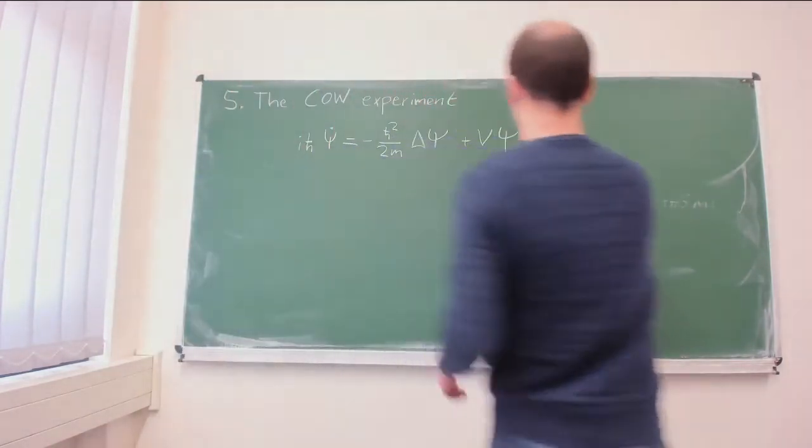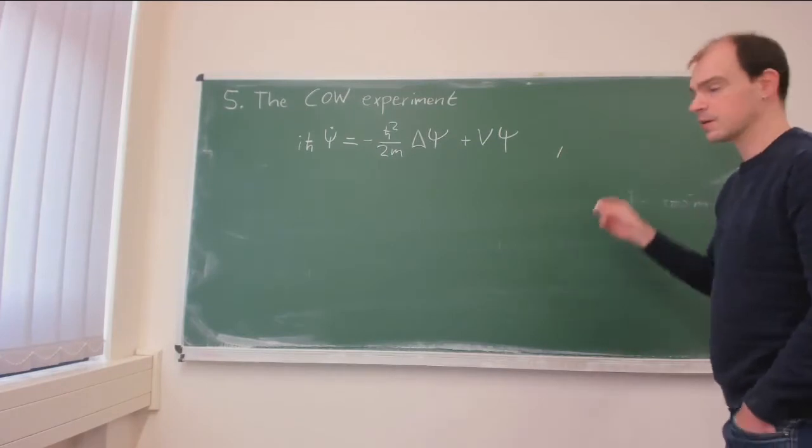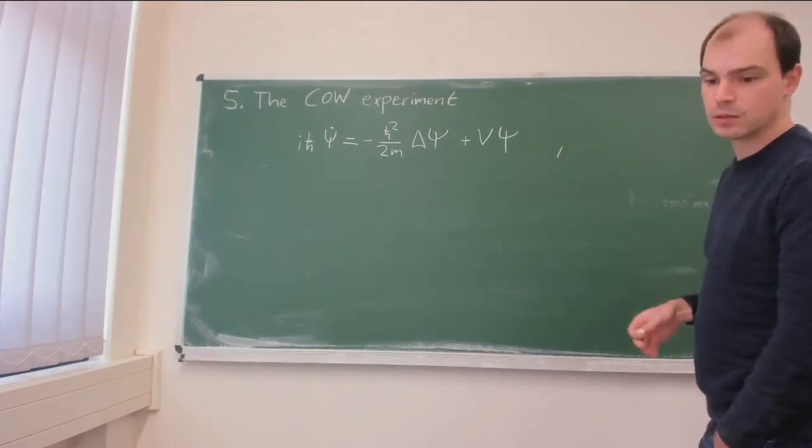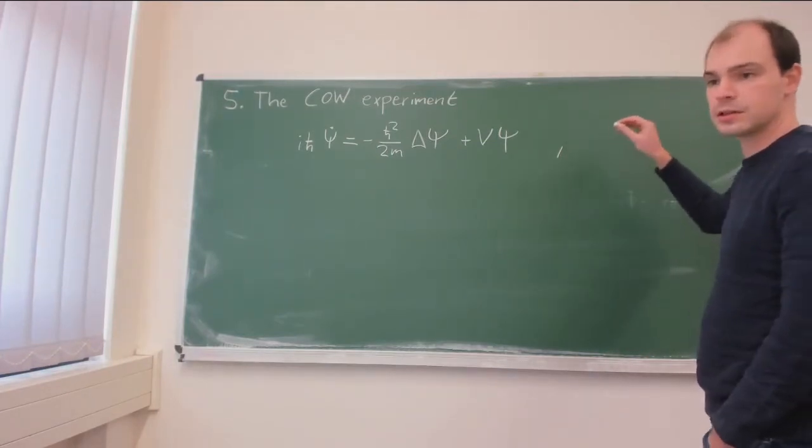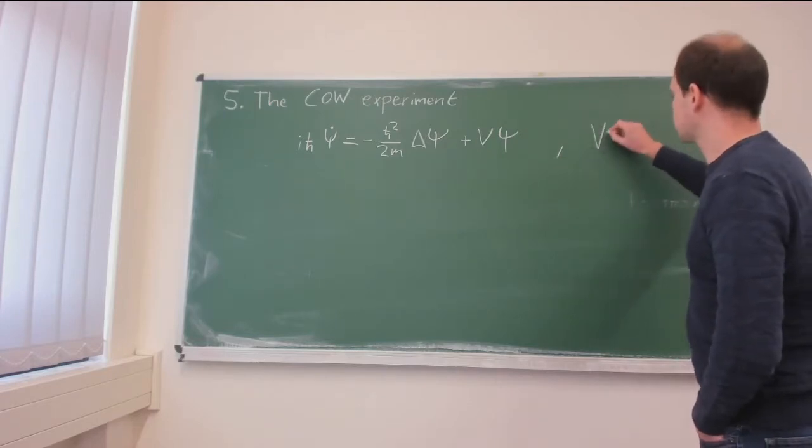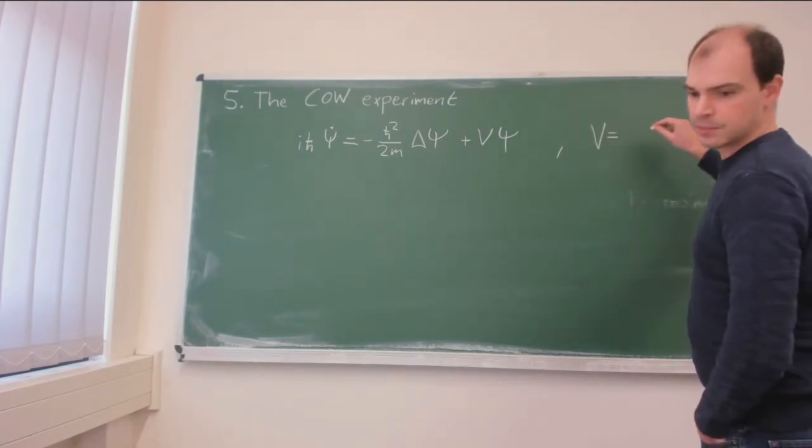And this for a potential that is the Newtonian potential in a homogeneous gravitational field. So V equals m times g times z.